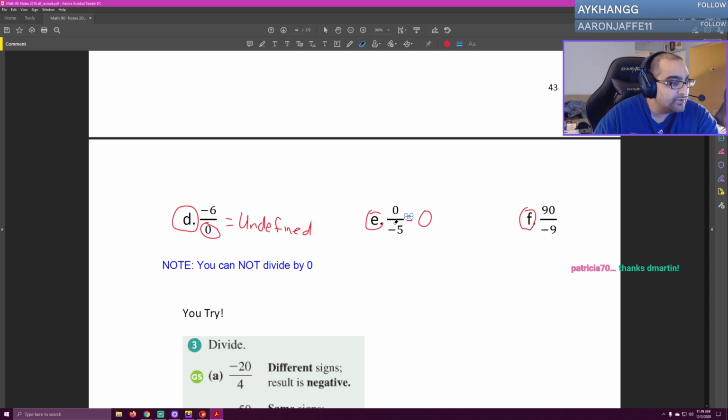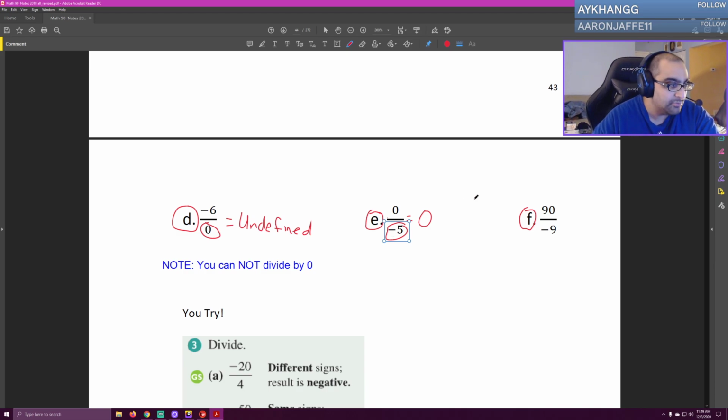So again, the key difference here is that we have -5 here in the bottom, and we have 0 here in the denominator. So when we divide by 0 here, that's undefined. But if this number here is not 0 in the denominator, well then, now we're not dividing by 0, so 0 divided by that is just fine.